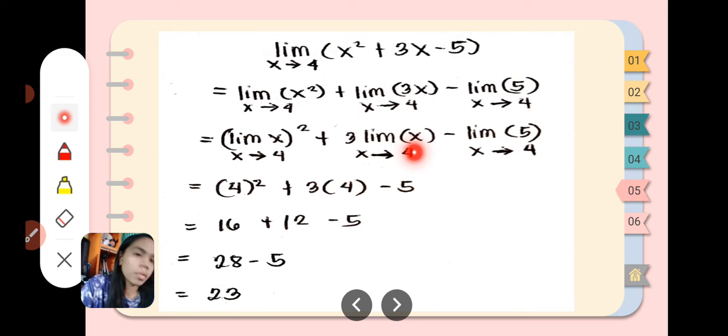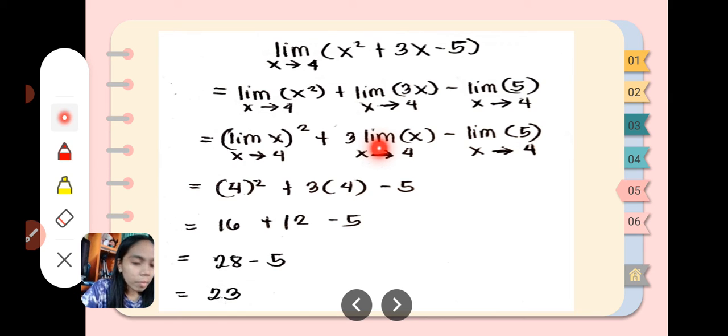For the 3x, we will be using theorem 3, which is the limit of a constant and a function, where we separate the constant and the function.